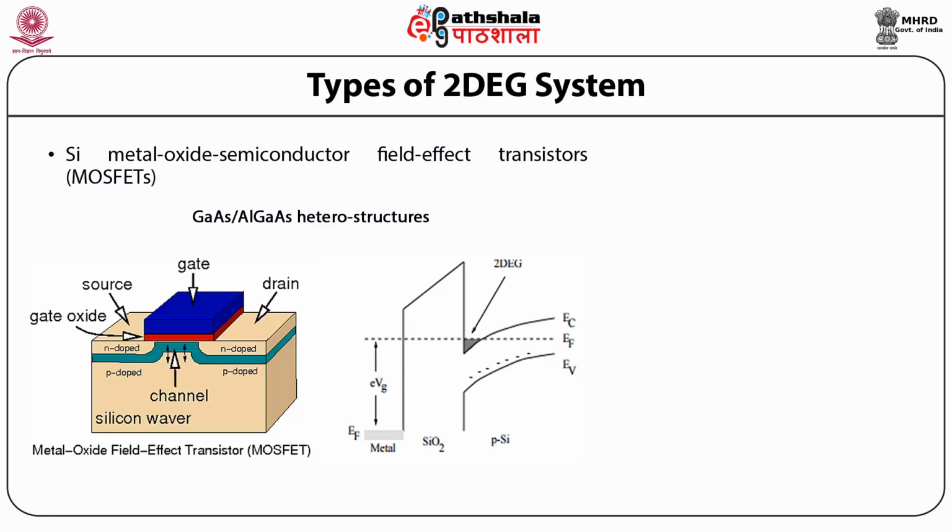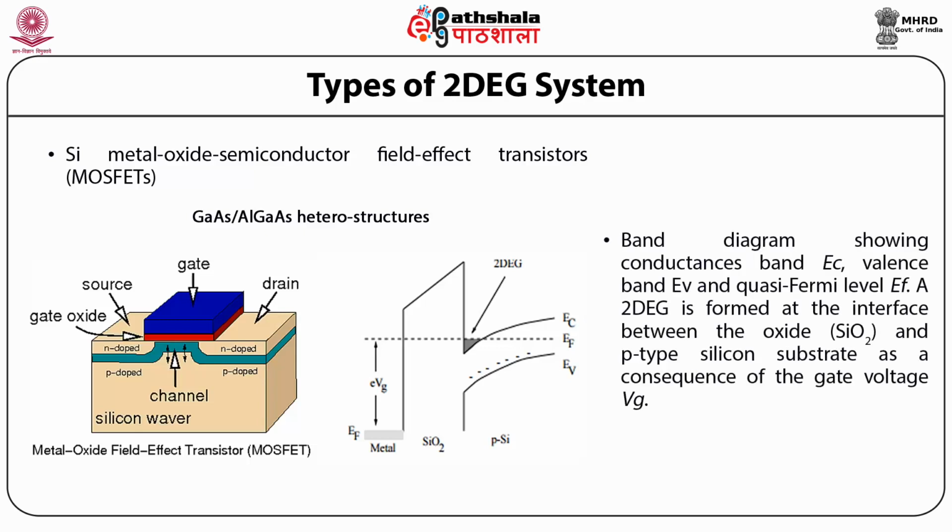The below diagram shows the energy band diagram having the conduction band energy as Ec, valence band Ev, and quasi-Fermi level as Ef. So, a two-dimensional electron gas is formed at the interface of SiO2 and p-type silicon substrate as a consequence of the gate voltage.